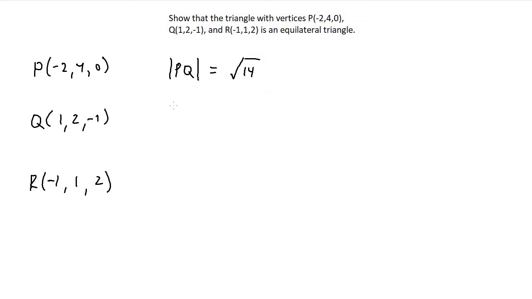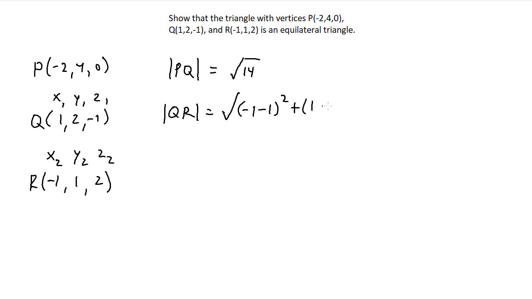So now let's find the distance between points Q and R. So once again, let's make Q the first point. So we have x1, y1, and z1. And let's make R the second point. So x2, y2, and z2. So once again, we're taking the square root of x2, which is -1, minus x1, which is 1, squared, plus y2, which is 1, minus y1, squared, plus z2 minus z1, so it would be 2 minus a -1, or 2 plus 1, squared.